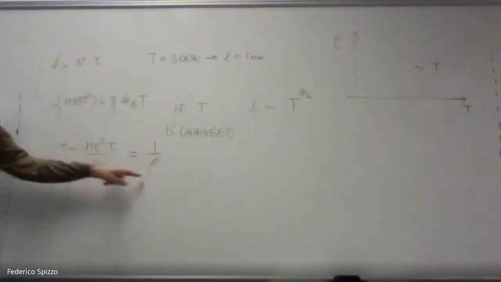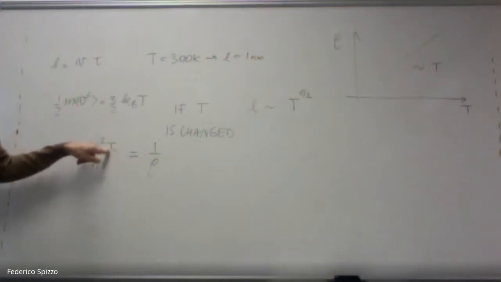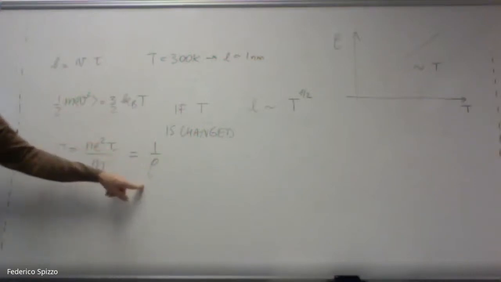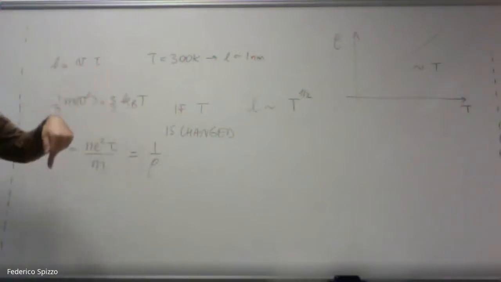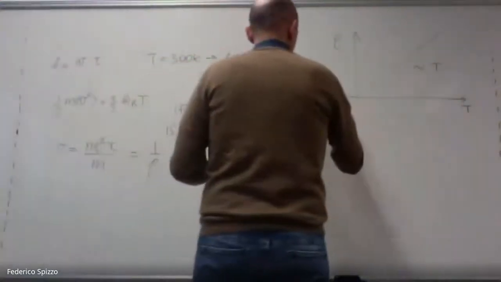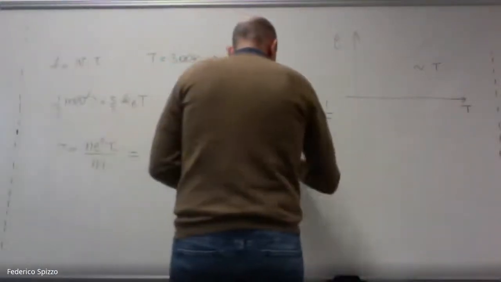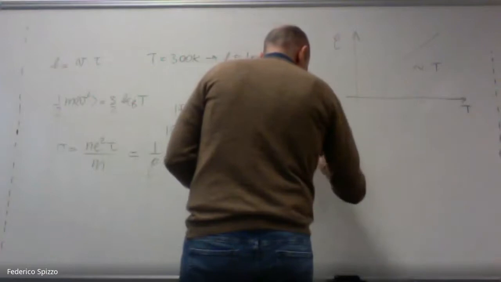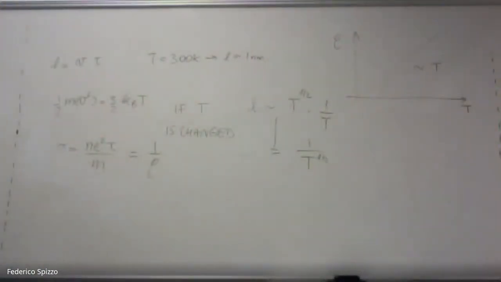This means that the relaxation time is inversely proportional to the temperature. So in place of tau, I'd write 1 divided by T. This leaves you with 1 divided by T to the power of 1/2.